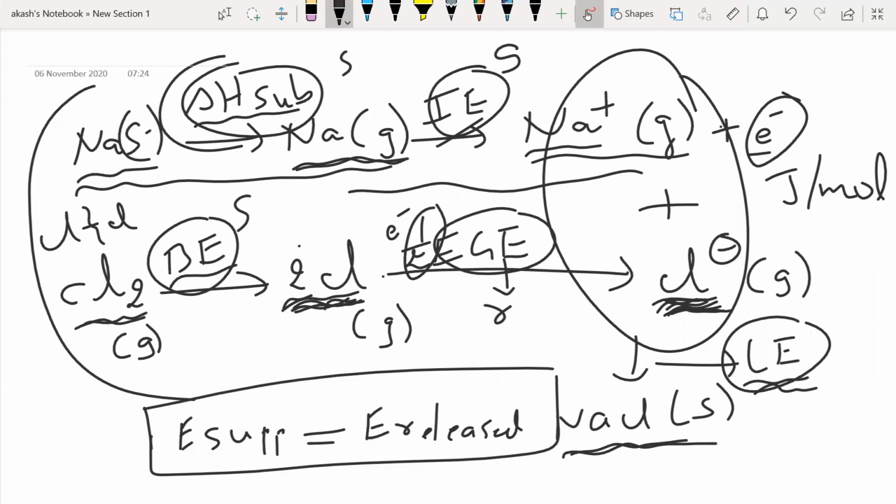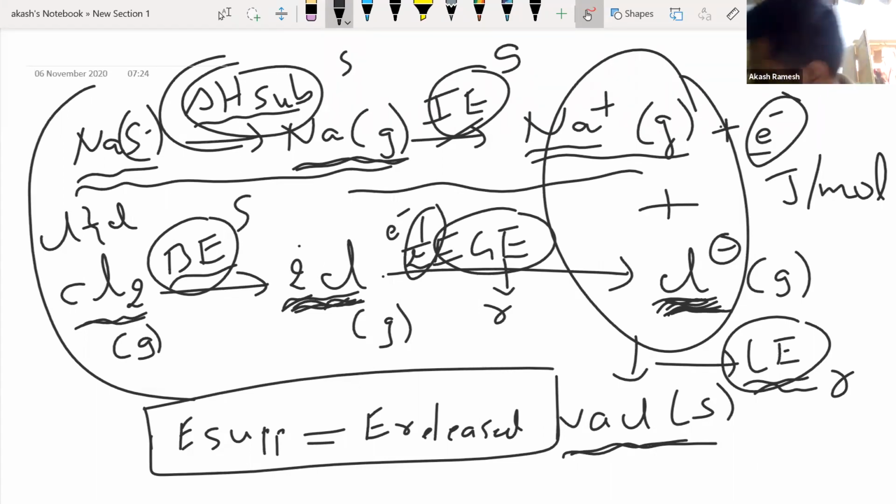It is for the formation of the crystal. Someone says supplied, sir, but it is formation of the crystal. You're not breaking the crystal. So definitely it is going to be released, people.